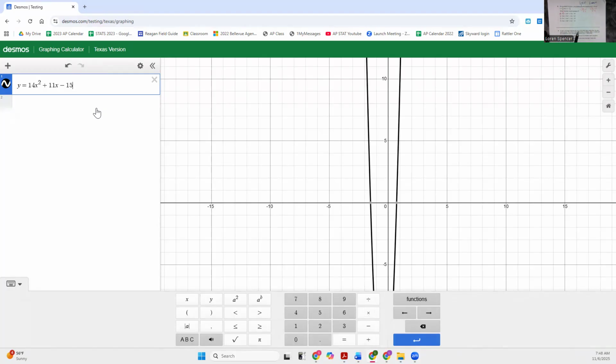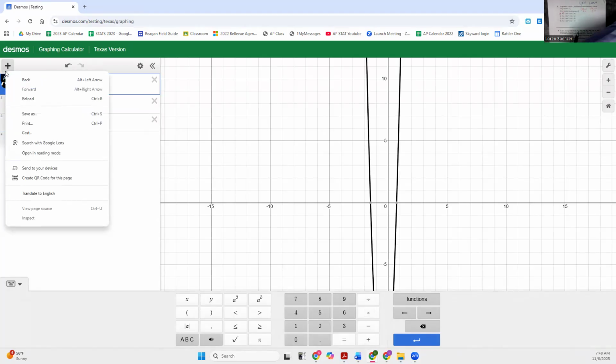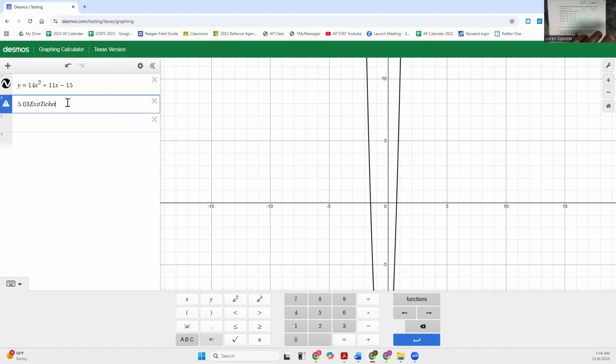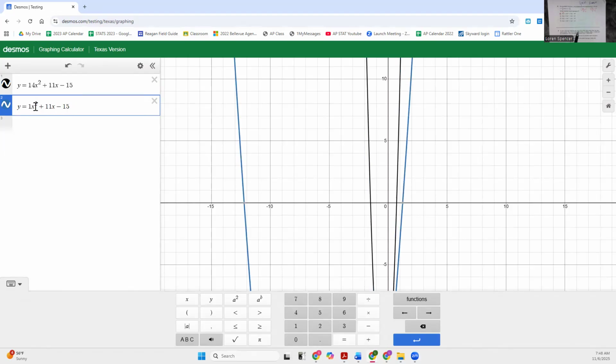So then we go, okay, let's try B. And to speed this up, I'm just going to copy this down and then edit it. There we go. So we have the next one, we have 15x squared minus 11x minus 14.